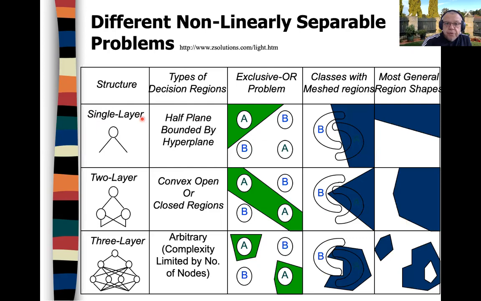Again, just to remind you, a single layer cannot solve this problem here, which is the XOR. It gives you just the most general region shape, which is a linear one. We want a multi-layer perceptron, with a number of layers, hopefully, to be able to have a fine classification of our feature space. Thank you.